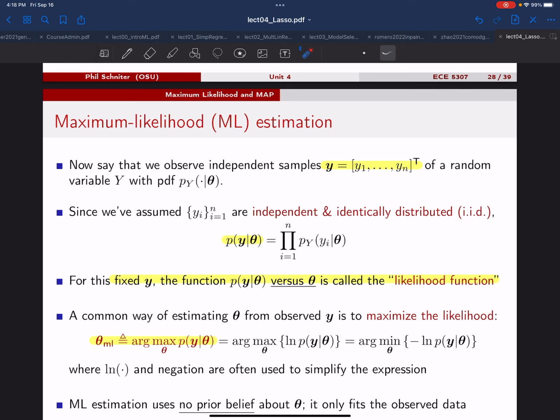So if we think of our samples as independent given theta, then we can simplify this to a product of marginal or scalar PDFs. Does that make sense? That's what we're always going to do. We're always going to think about each of these samples I've collected, over the n samples of my training data set.